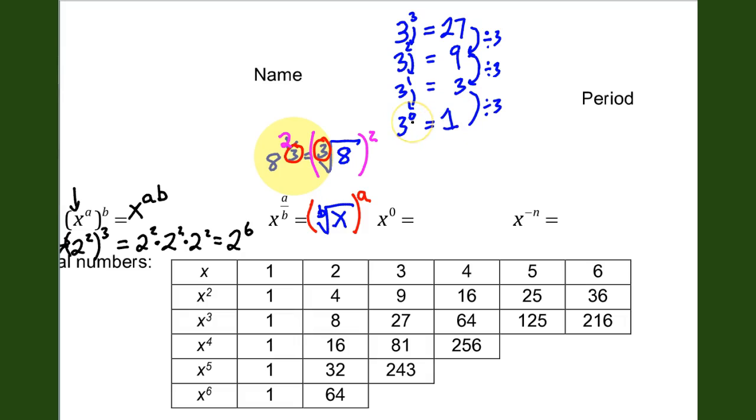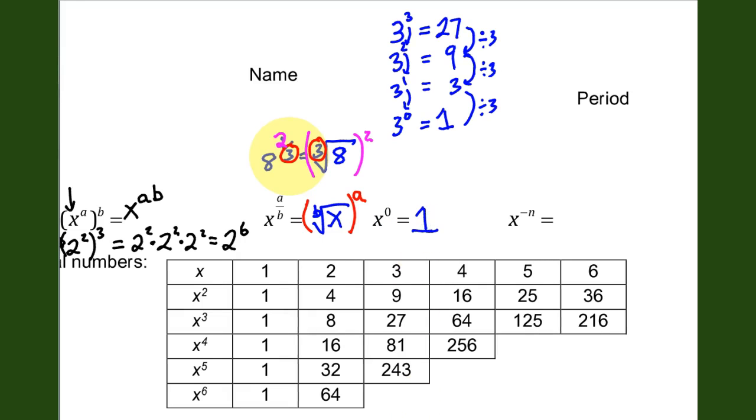So that means 3 to the 0 power is equal to 1. So that's the way you could prove it, not just by saying, I think it's this, or is it 0, or is it 1? I can't remember. There's a way to figure it out. And so to the 0 power, we use 1.